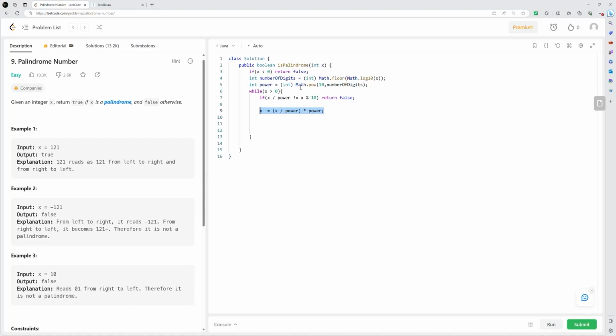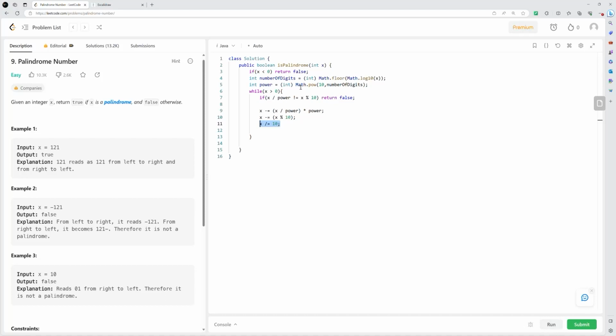So it will just subtract the first digit from our number. And to remove the effect of the last digit, we just remove the remainder when dividing the current number by 10. And that will also get us to the number that's ending with 0. So to remove the 0, we finally divide the current number by 10.